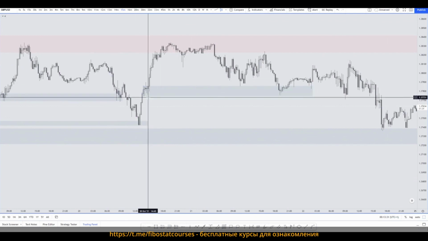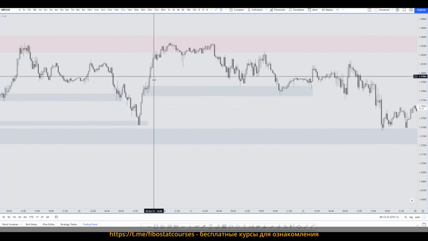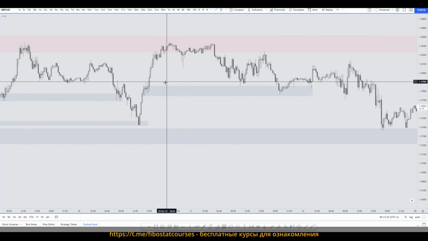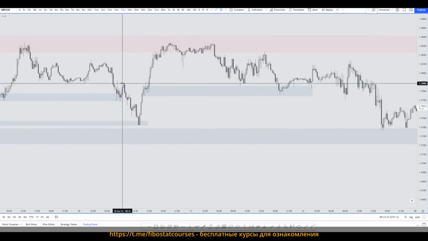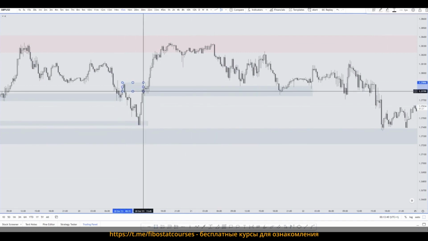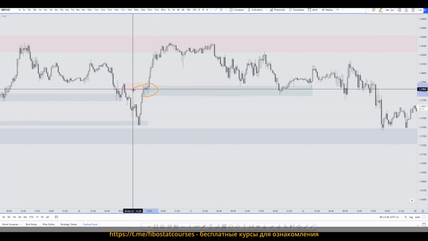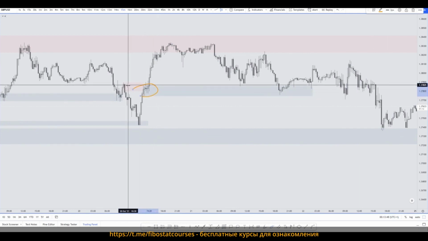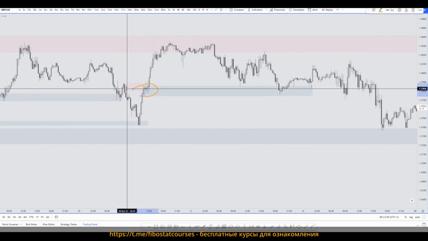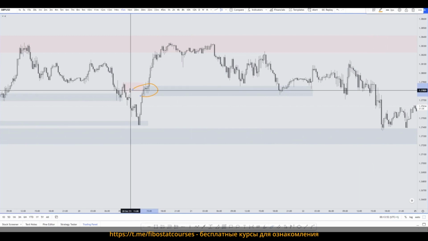Was that just a supply or demand that created some new substructure, or did it barely do anything? Or was there a flip zone where the demand ultimately took control from supply? The flip zones I find are usually a little stronger zones.